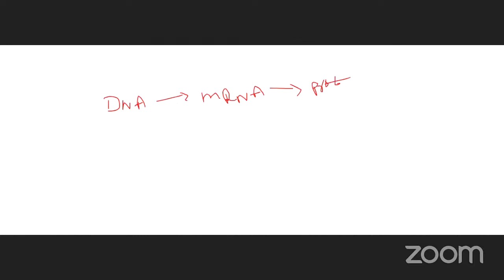These proteins are enzymes. The enzymes act on substrates and express the characters. So this mechanism is regulated. Let's see how it is regulated in eukaryotes.